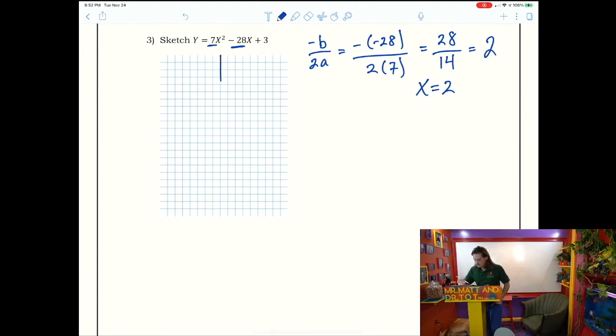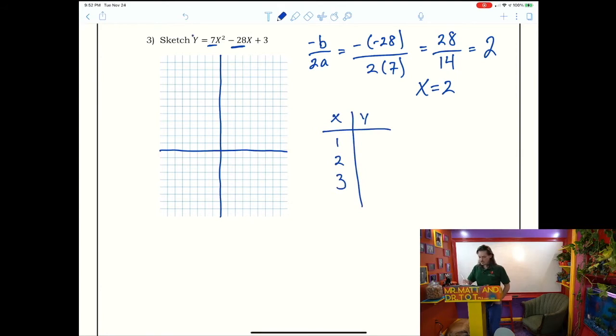So that's definitely going to be an x-coordinate that I want to evaluate. And then I'm going to look a little bit to the left, a little bit to the right of that value. So let me evaluate x is equal to 1, 2, and 3. I'm going to call this h of x.